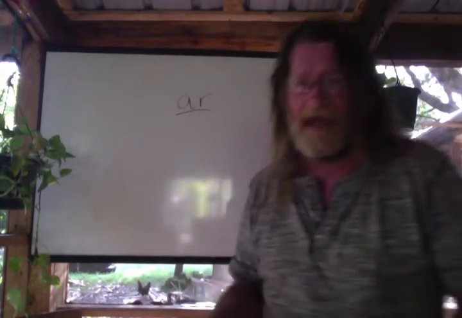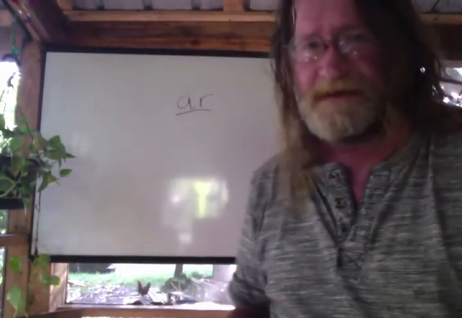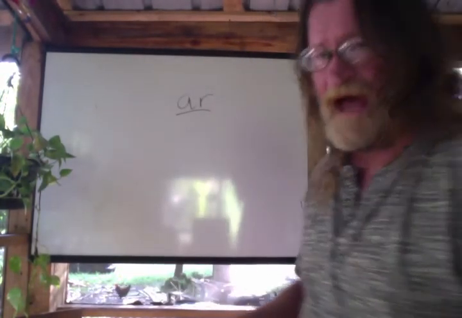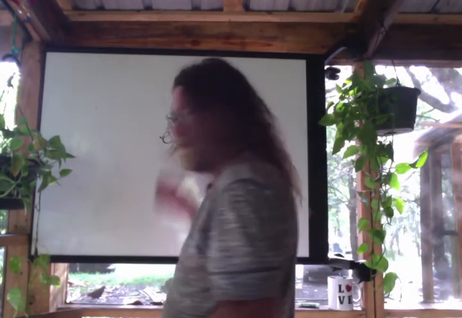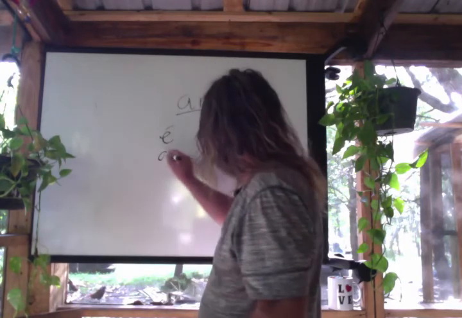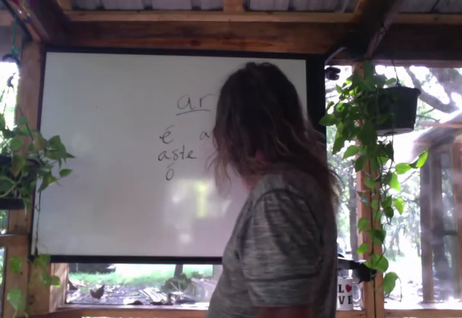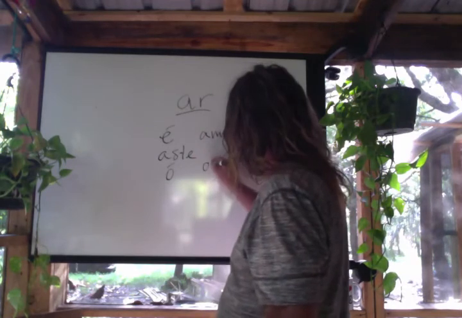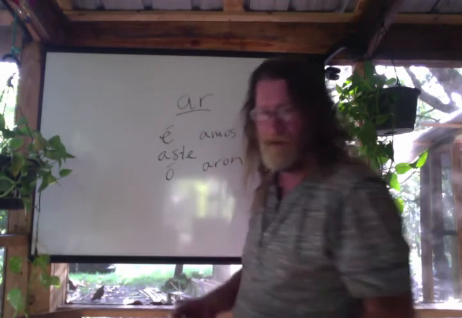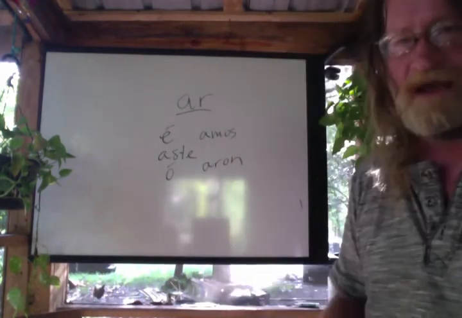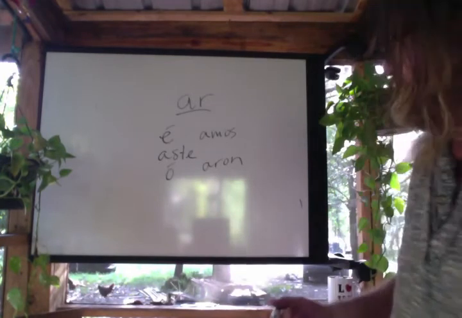Now for verbs that end in AR, this is how you put yourself in the past in Spanish. Repite conmigo. É, aste, ó, amos, aron.